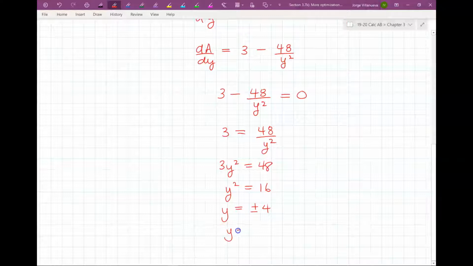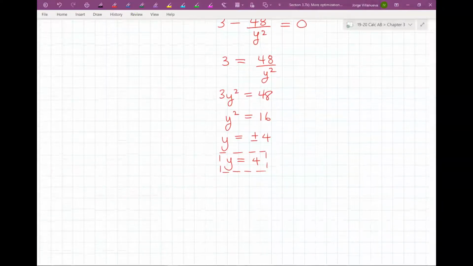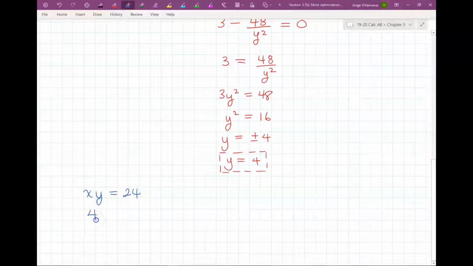So y must be equal to 4. Well, if y is equal to 4, then what's x equal to? The way we do that one is we say, I know I had a formula that was xy equals 24. So if y is 4, then 4x is equal to 24, or x is 6.